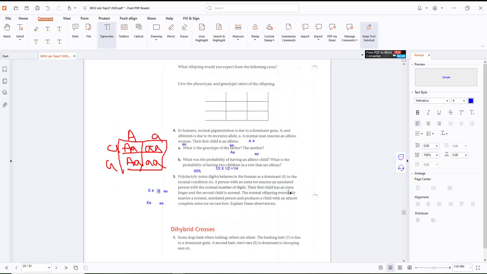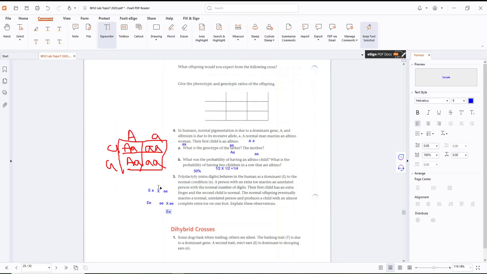The normal offspring eventually marries a normal unrelated person and produces a child with an almost complete extra toe on 1 foot. Explain these observations. Okay. All right, so we have polydactyly.